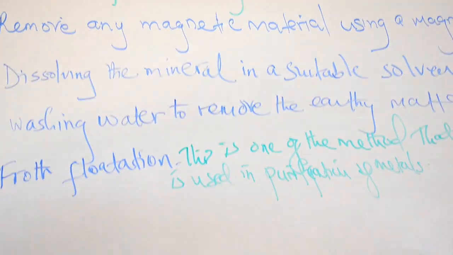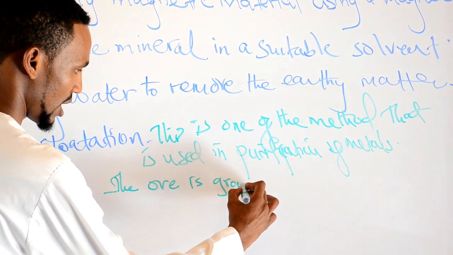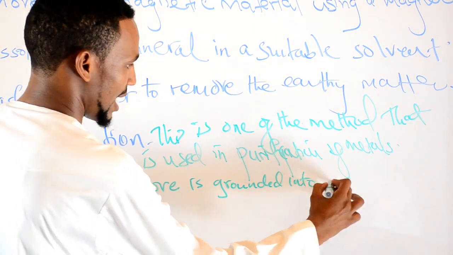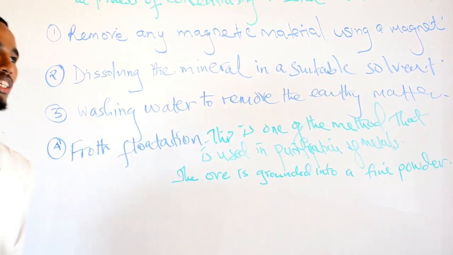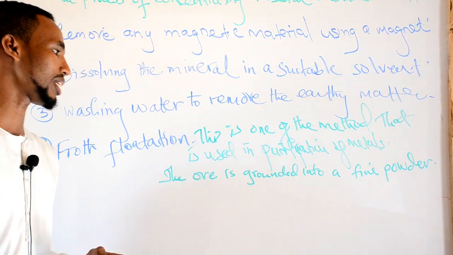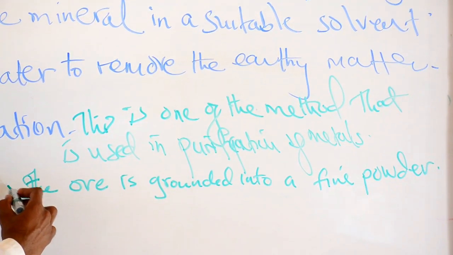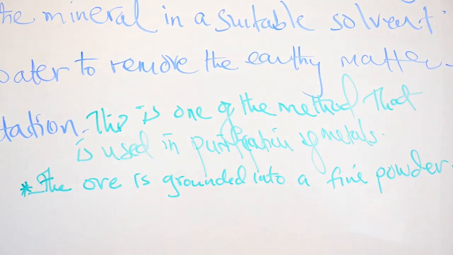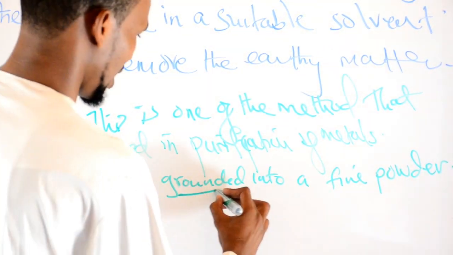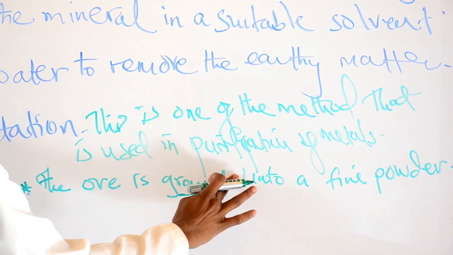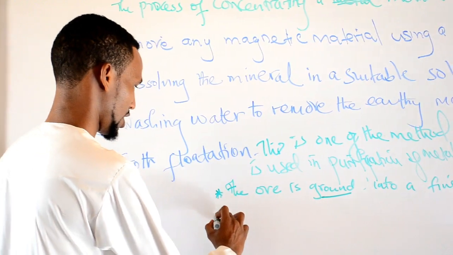In froth flotation, we're discussing the ore, which is ground into a fine powder. So you crush it or grind it into a fine powder, the chief ore that you want to use to extract a certain metal. What do you do next?